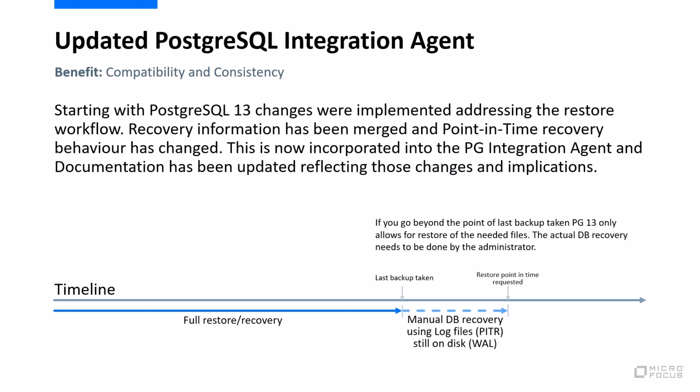The change is happening in between the point in time where the last backup has been taken and the desired restore point in time that is more or less close to whatever issue happened to the database. There is some information like point-in-time recovery information in a so-called write-ahead log, or WAL, on that PostgreSQL server. So the way this is addressed has changed from PostgreSQL 13, and that's the main change we needed to apply to the Data Protector integration.